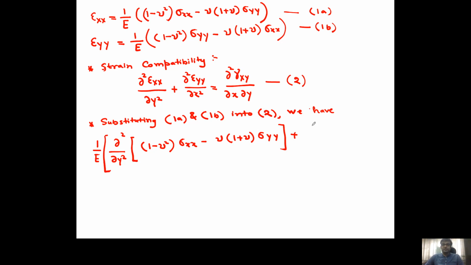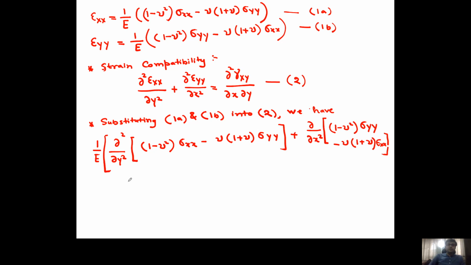Coming to the second term, it is del x2, and then we have epsilon yy, which is 1 minus nu square sigma yy minus nu 1 plus nu sigma xx.